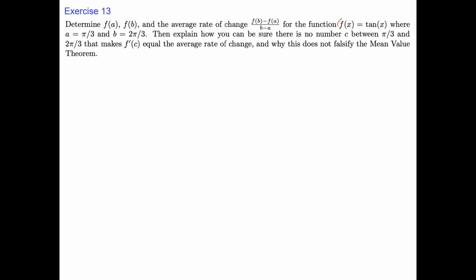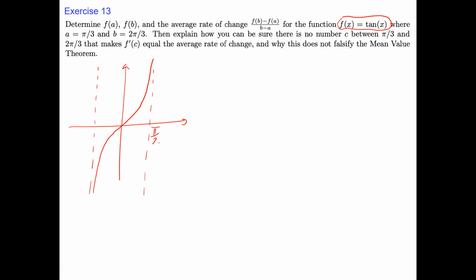Probably without even starting, you may tell the answer. Yeah, we can do it explicitly, but when we draw tangent, we know that the tangent function has discontinuity. Tangent is not defined at pi over 2. This is pi, this is 3 pi over 2, 0.